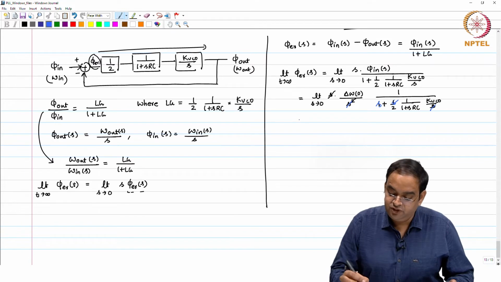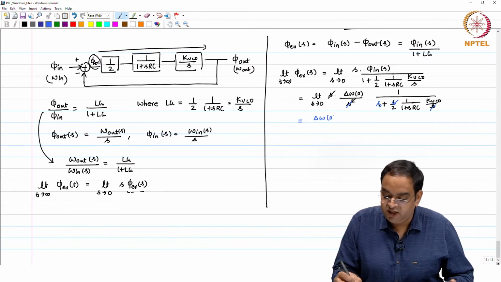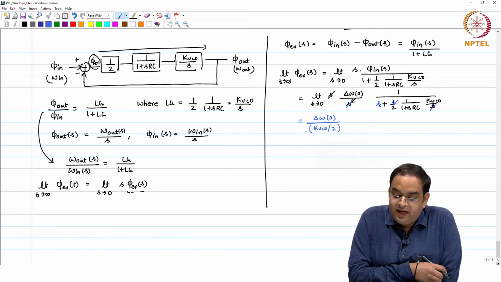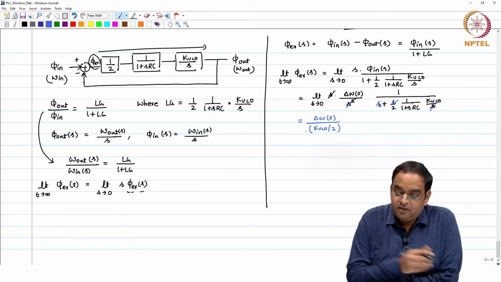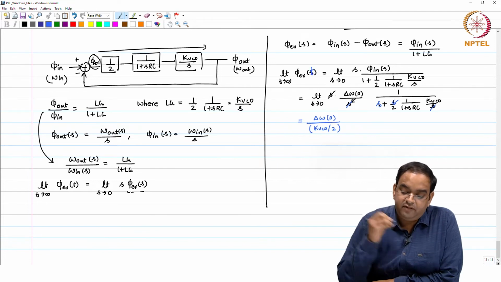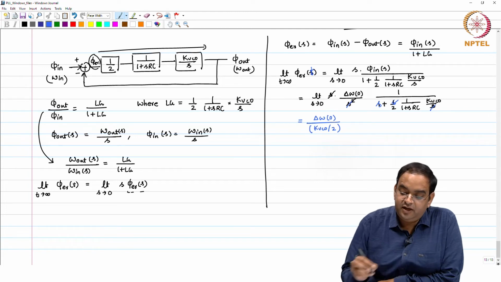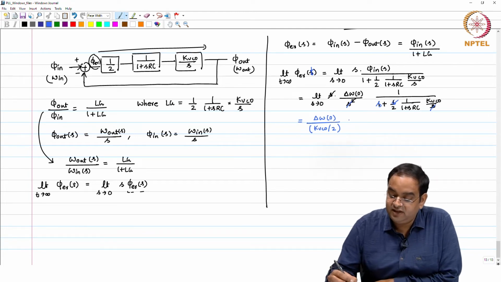When you substitute S equal to 0, what you find is delta omega 0 divided by KVCO by 2. Sorry, this is phi error of t. We applied a frequency error, and in response to the frequency error, the phase error changes.